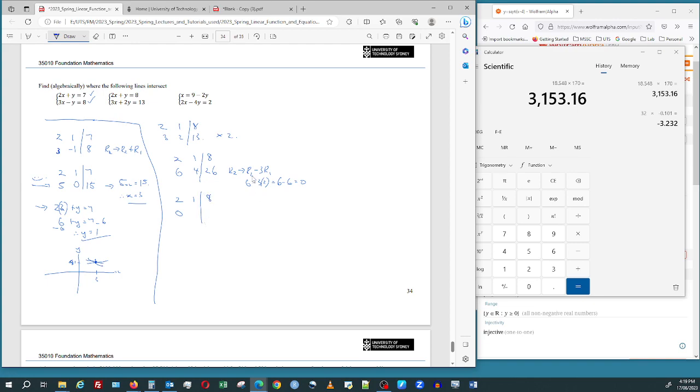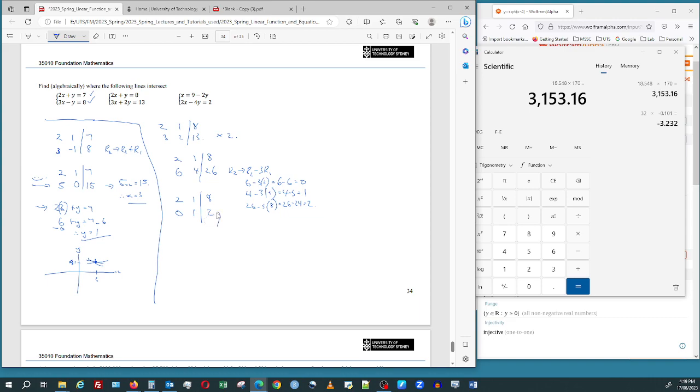Now, row 2 is 4 minus 3 lots of 1, which is 4 minus 3, which is 1. And the final one is 26 minus 3 lots of 8, which is 26 minus 24, which is 2.